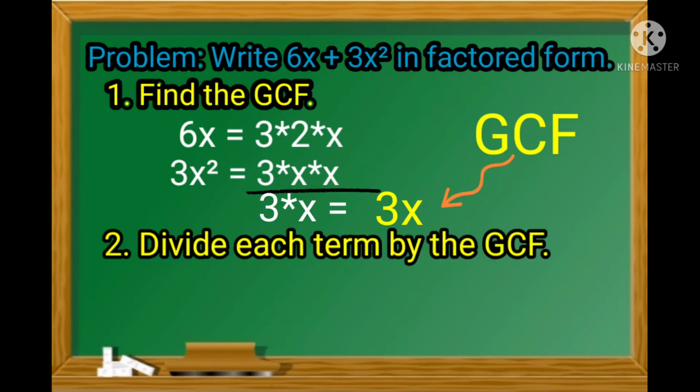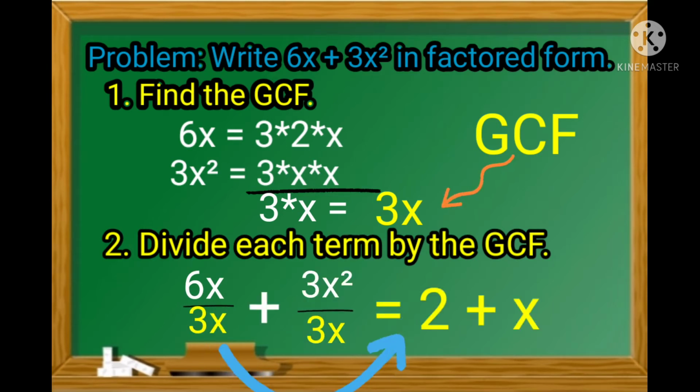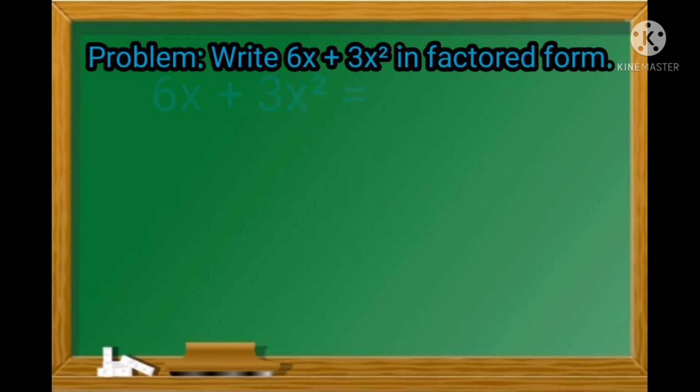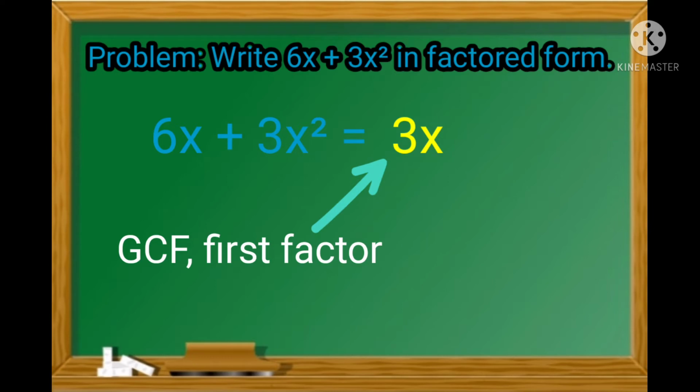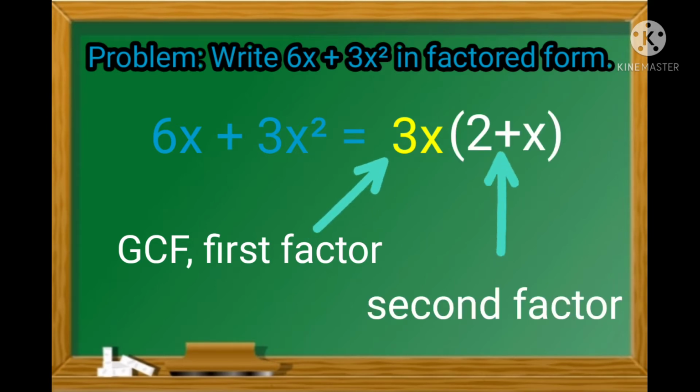Second, divide each term by the GCF. Therefore, the factored form of 6x plus 3x squared is 3x as our first factor times quantity 2 plus x as our second factor.